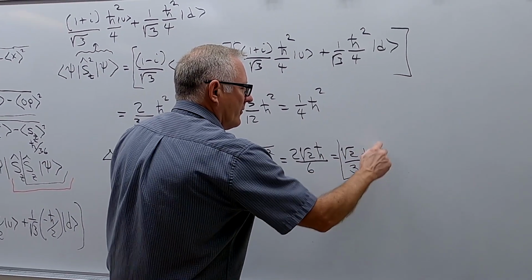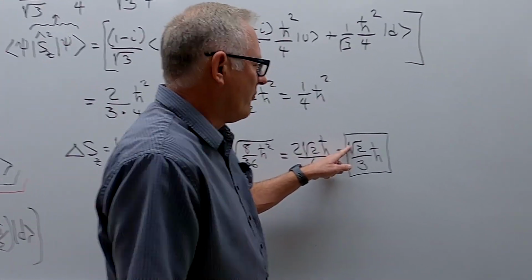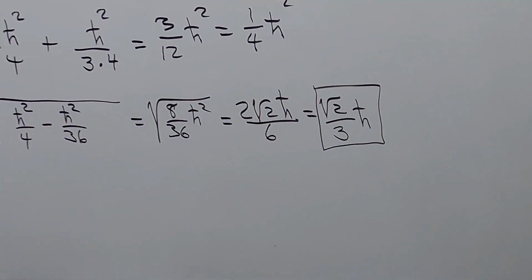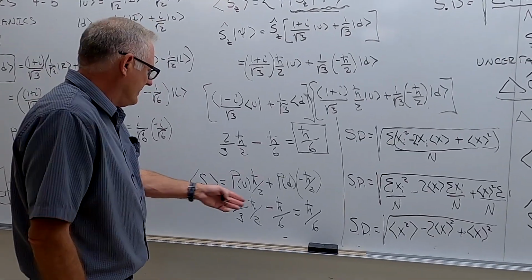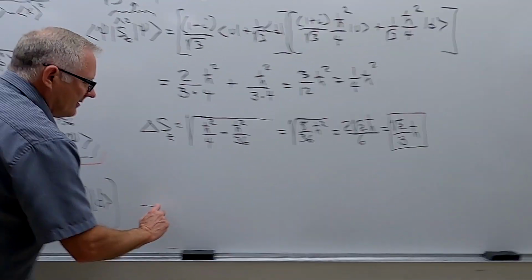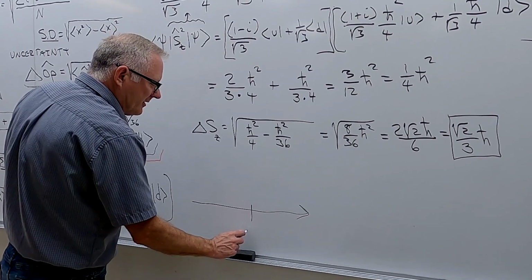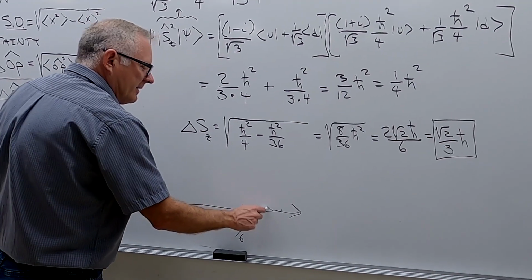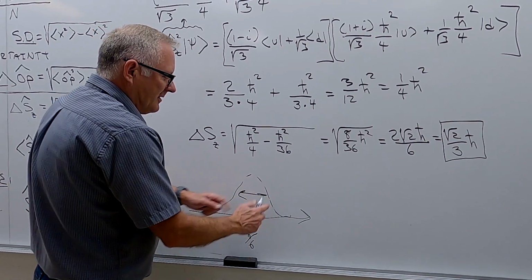So square root of 2 over 3, that's around, square root of 2 is 1.41 divided by 3, that's about a half of an h bar. So that tells me, when we were looking at our average, h bar over 6, if you were to plot it out, this is what I measure, and we said the average was h bar over 6, but it's going to spread out by about h bar over 2.